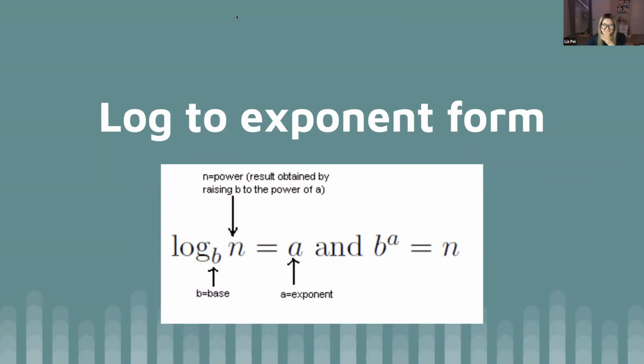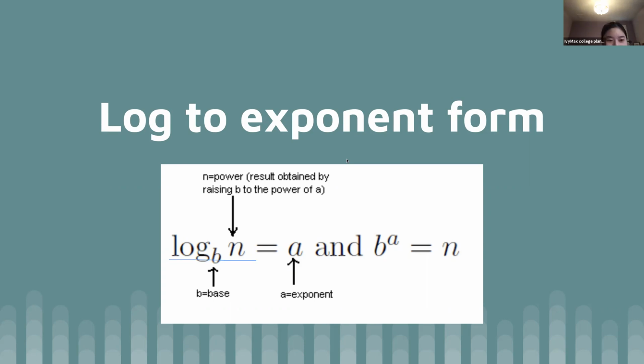Tracy, do you want to go over this one? Yeah. So now we're starting a very basic chapter knowledge: log to exponent form. Normally you see log form like this, log base n.